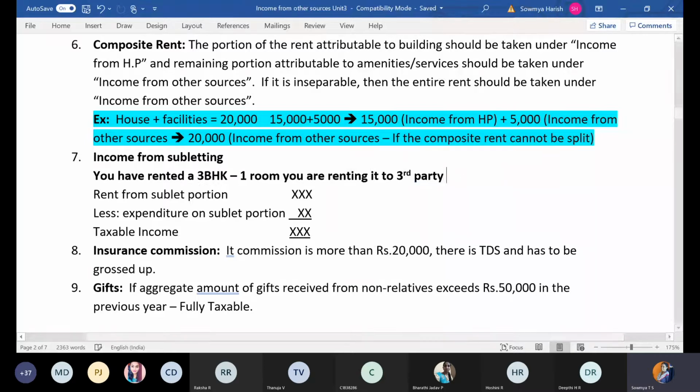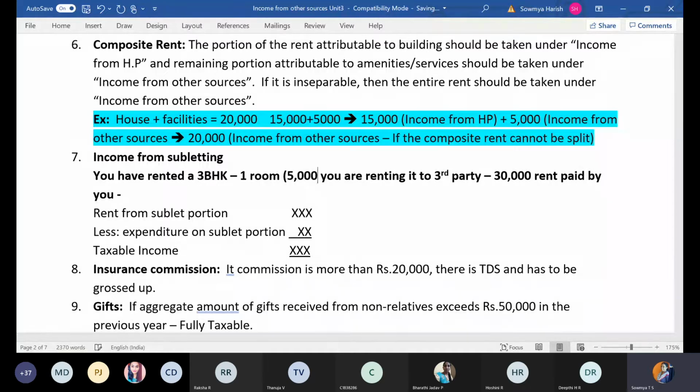For this 3 BHK, you are paying rent of 30,000 to the actual owner. This is the rent paid by you. And this one room which you are letting out, maybe for 5 or 6,000.